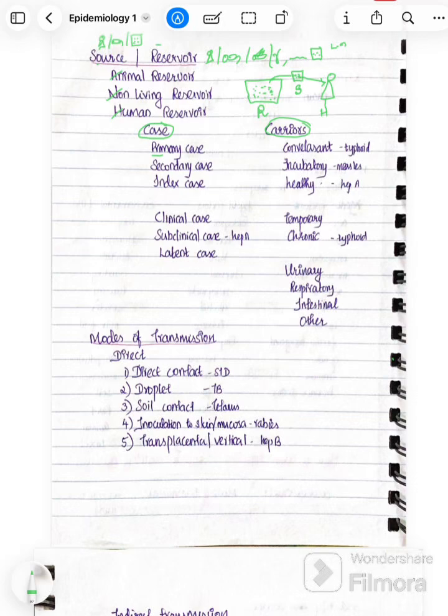The first case introduced in the community is the primary case. Whoever developed disease from the primary case is a secondary case. Whoever comes to the attention of the investigator first, or whoever comes to the doctor first, can be the index case.